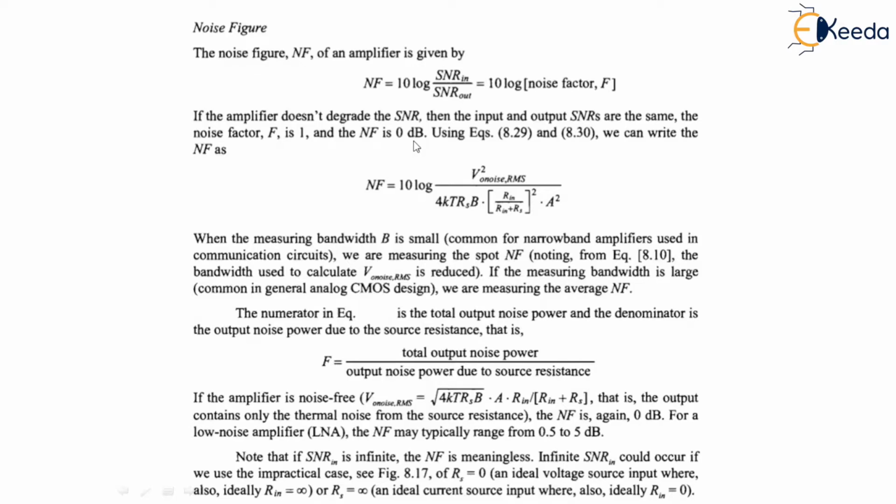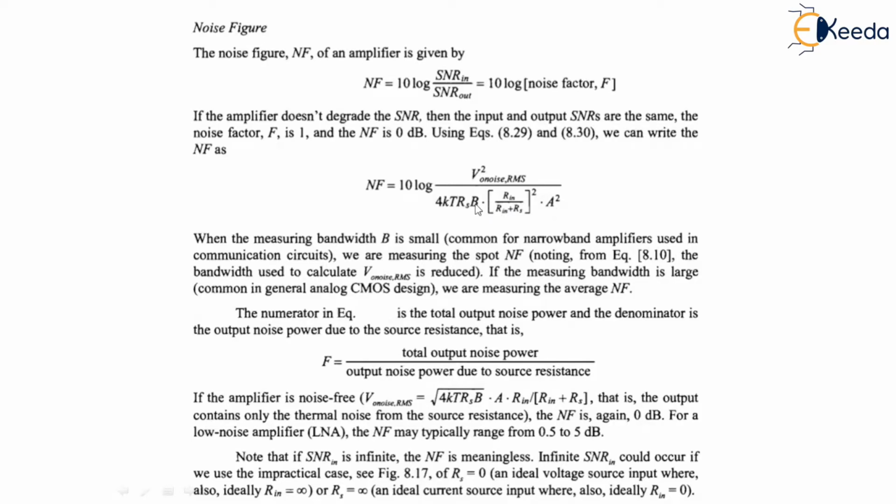Now, the noise figure can also be written as 10 log of V naught square noise RMS upon 4 kTR B, Rin upon Rin plus Rs whole square, into A square. So this is the signal to noise ratio at the input upon output.